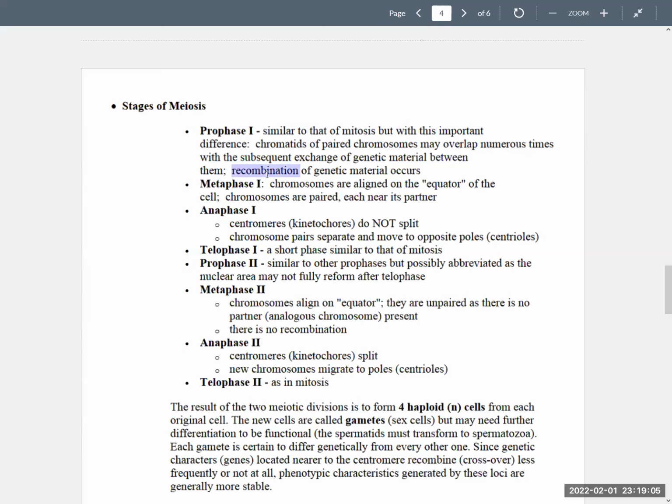Recombination, shuffling, occurs in prophase 1. In metaphase 1, the chromosomes are aligned on the equator, just like they were in mitosis. Chromosomes are paired, each near its partner.